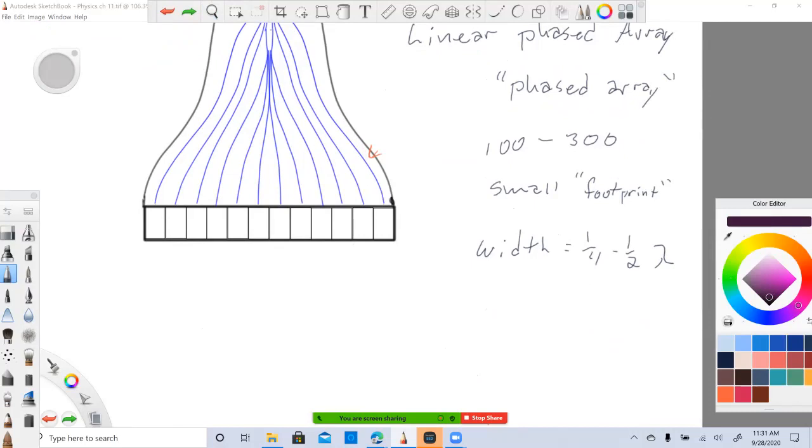You guys remember that, each one of these is going to produce its own bubble of sound when stimulated. So on this one, we're going to stimulate all these at the same time. And then each one of those bubbles will expand out, and they'll continue to expand out.